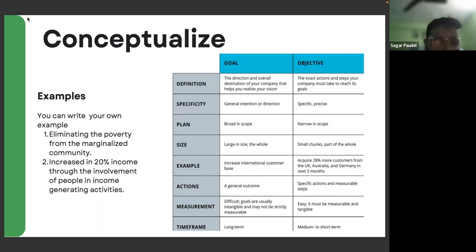Take the example of eliminating poverty from a marginalized community. We think of it in the very big picture, so this is the goal. In order to eliminate poverty, we need to increase people's income by giving training or involving them in different income generating activities. So this is the objective.